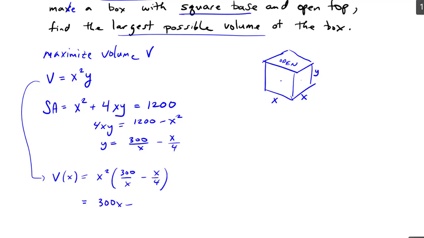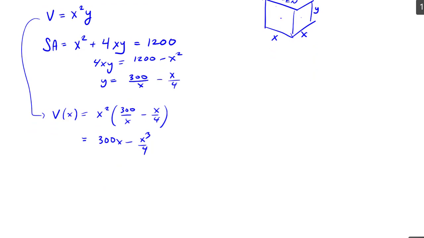or in other words, as 300x minus x cubed over 4. All right. So where am I? I'm at this point where basically I'm trying to maximize V of x equals 300x minus x cubed over 4 on some interval.